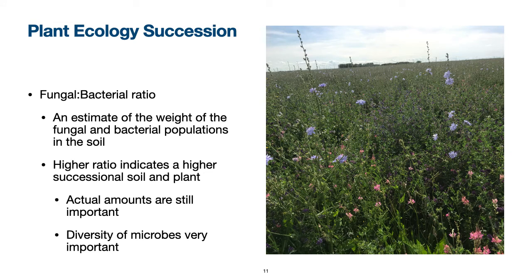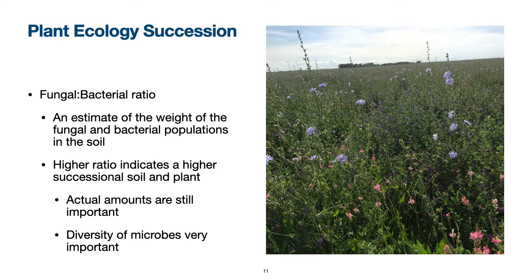One of the ways to measure soil health is to measure the fungal bacterial ratio. And this is an estimate of the weight of the fungal and bacterial populations in the soil. The higher ratio indicates higher successional soils and plants.